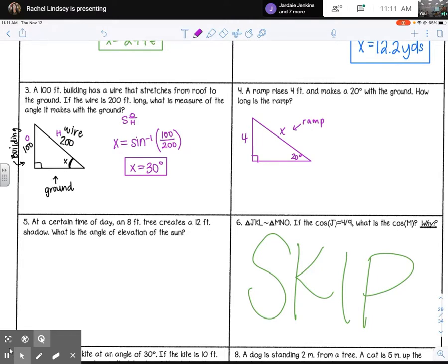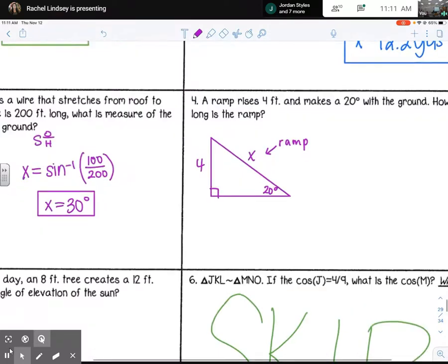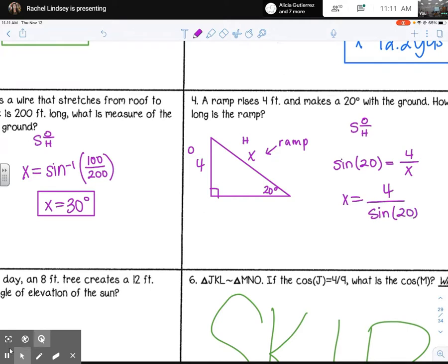So you have opposite and hypotenuse, so you use sine. So sine of angle 20 equals opposite 4 over hypotenuse x. Switch the x and the sine, and then plug that into the calculator.